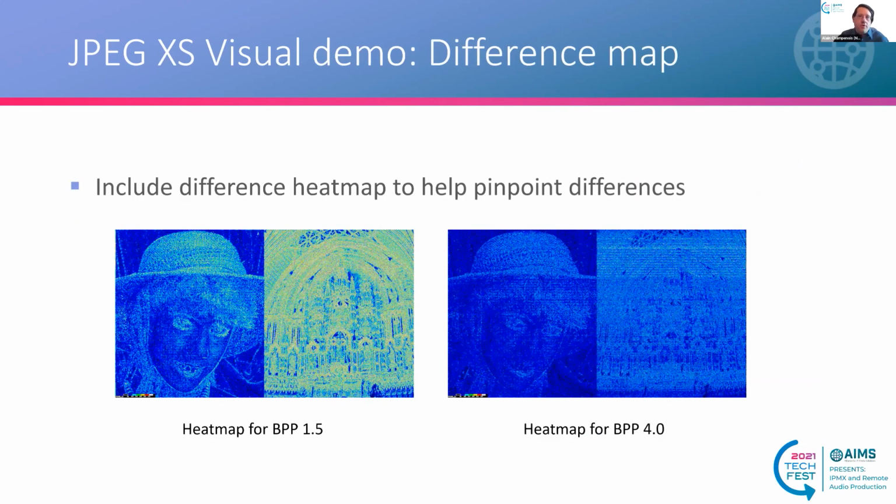Besides the reference and compressed image, the demo also includes a PSNR-based heat map that shows the difference for every compressed image. This heat map makes it easier to spot regions of interest and also see the impact of compression depending on the BPP value.